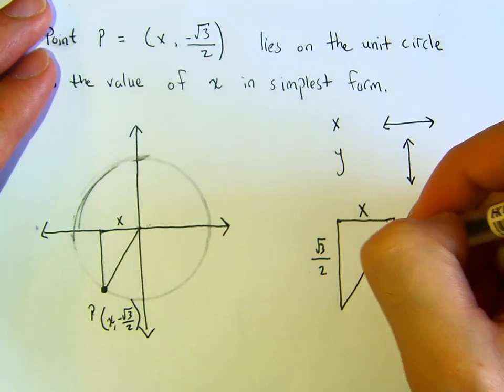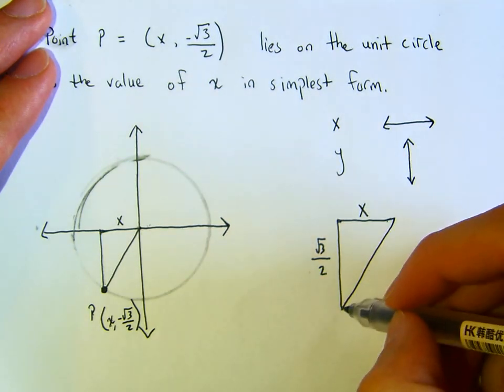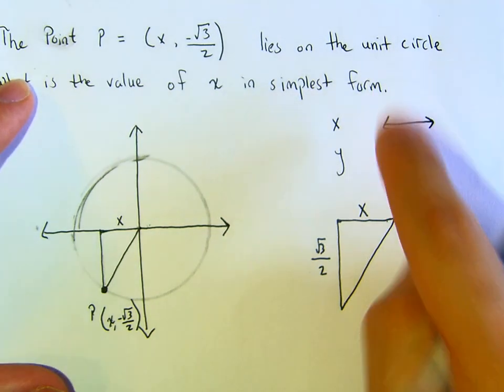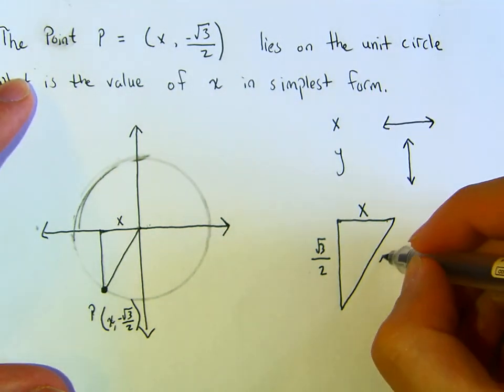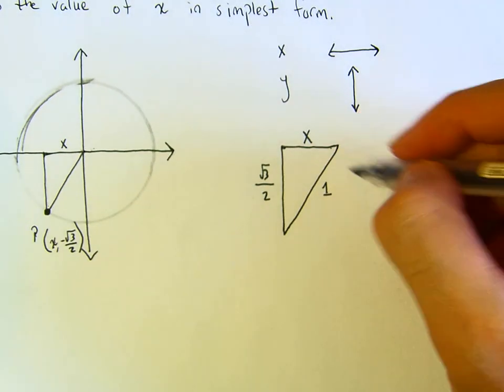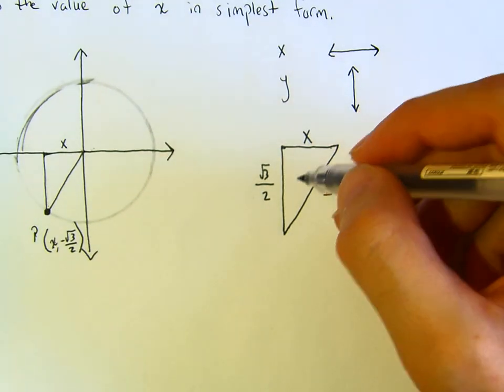Okay? And what do we know about the distance from here to here? We're on the unit circle, so this distance of the hypotenuse has to be 1. Now, how do you actually find the value of x? Same idea we used before.